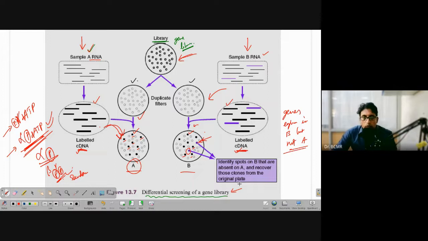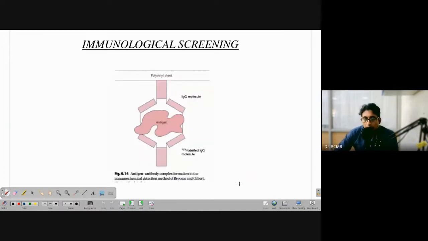Okay, let's move on. As I discussed, when it is screening, we have used hybridization. Hybridization is based on homology of target and probe, right?